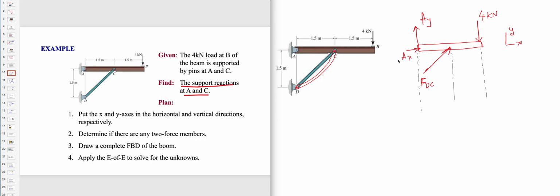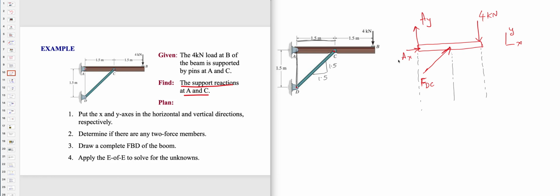Also, we have to give the angle for FDC or the slope. Do you know the slope of FDC? Yes, we do, because this is y and that is x. So y is 1.5, x is 1.5.